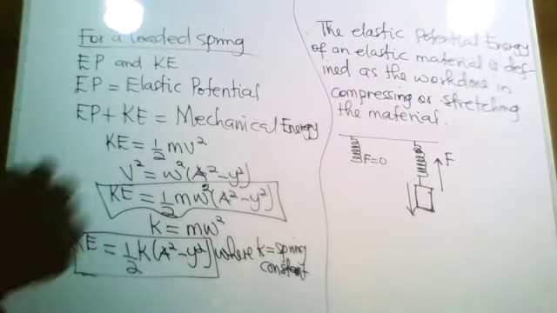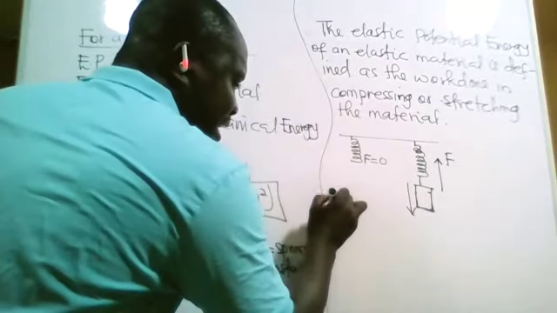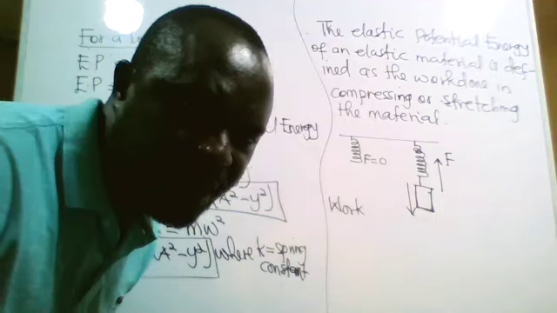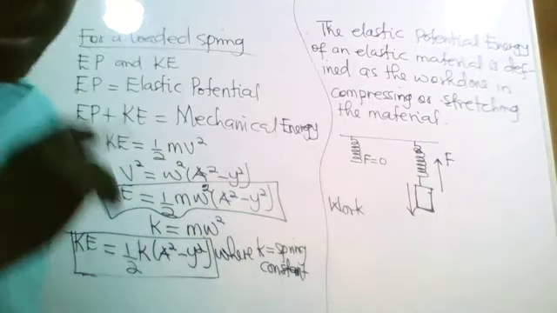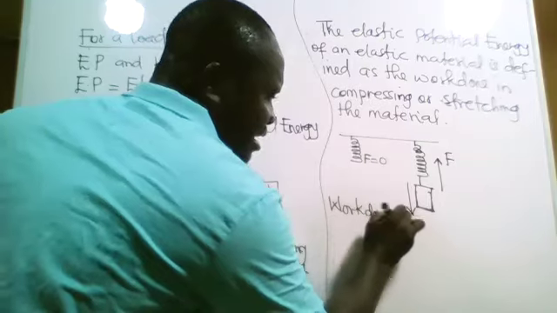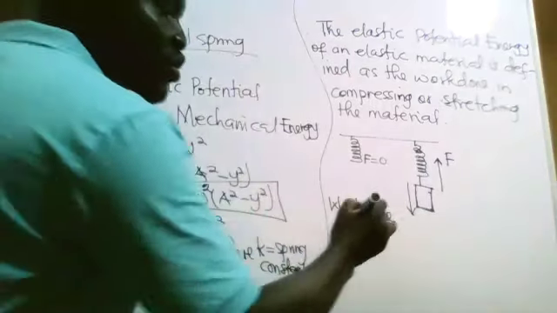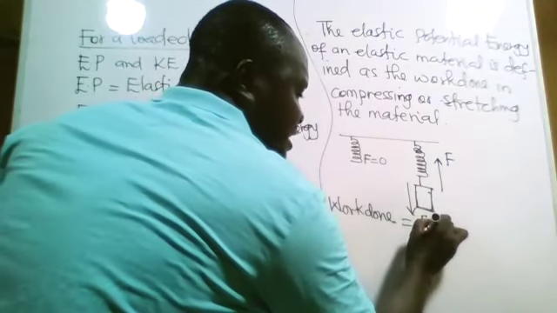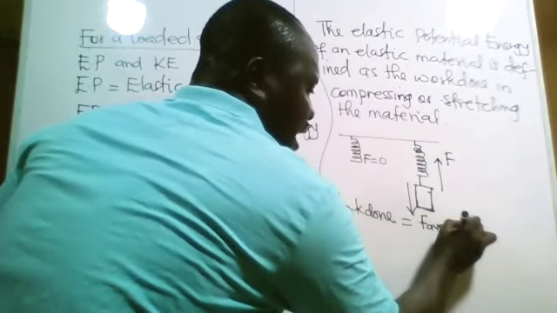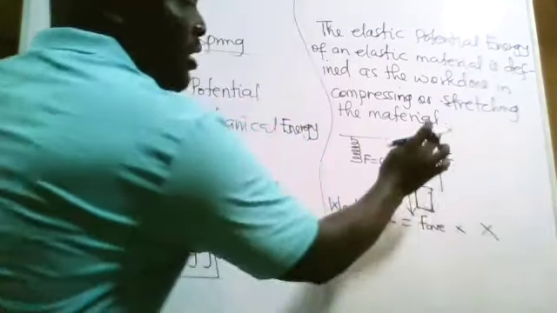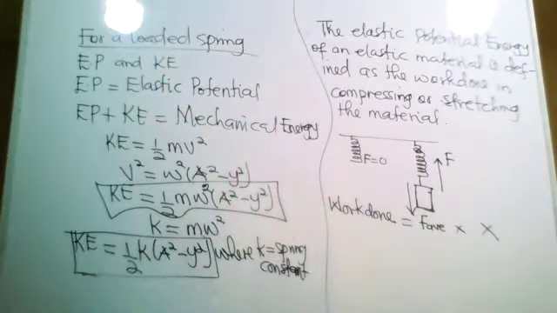Now, what is work done? The work done in stretching this is equal to the average force, F average, times the distance, which is the extension when there is a load.